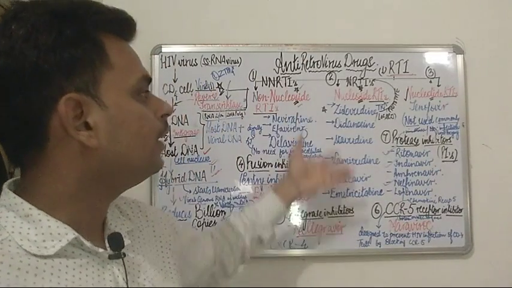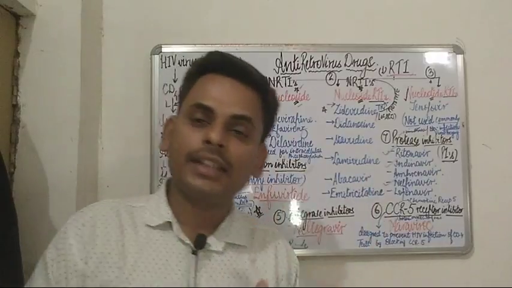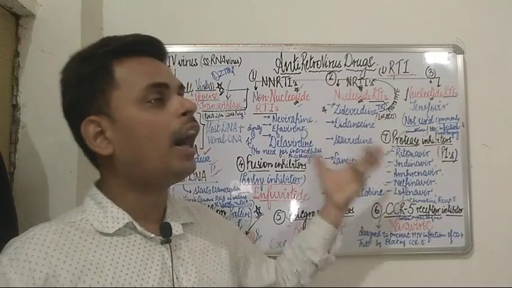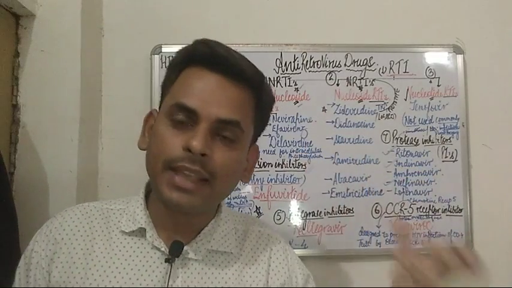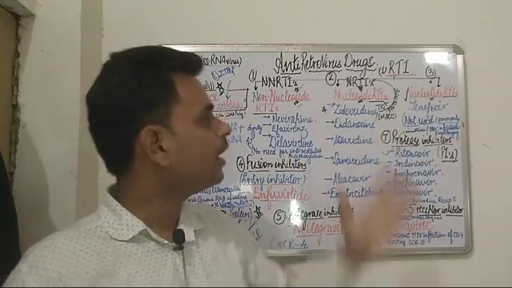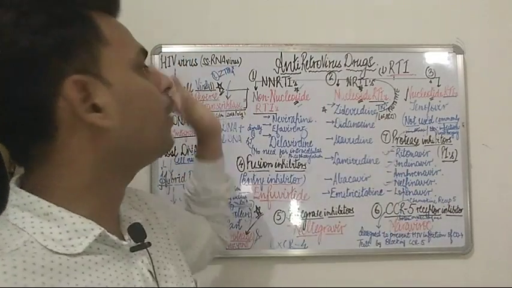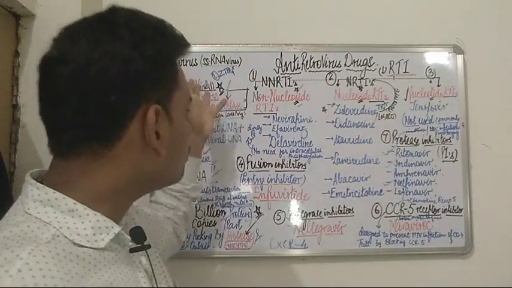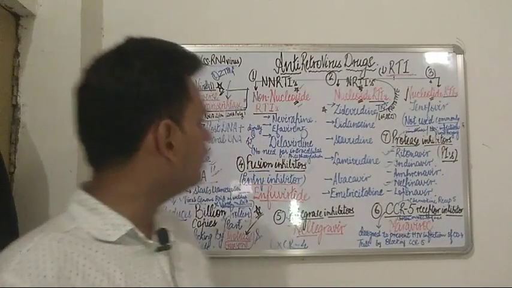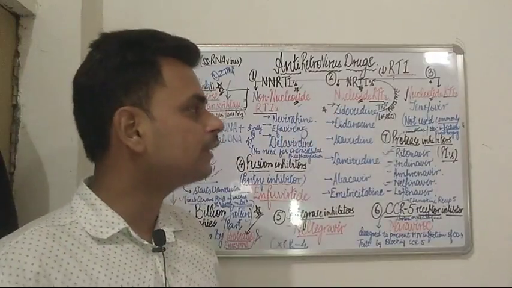So the chief and distinguishing feature of the nucleoside reverse transcriptase inhibitors is that they elicit their mechanism of action only after they get phosphorylated in the host cell cytoplasm, and then they bind and inhibit the viral reverse transcriptase enzyme. So students, this was the discussion for the nucleoside reverse transcriptase inhibitors.